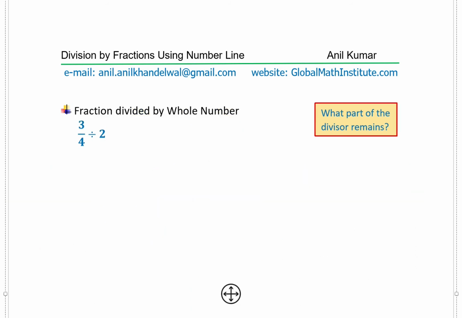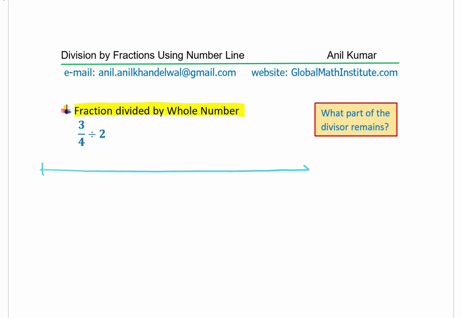Next example is to divide a fraction by a whole number. Right? So this time we'll understand how to divide a fraction by a whole number. So we are dividing 3/4 by 2. Now this is very interesting. Let's try to understand this process. So again, let's have a number line, right?